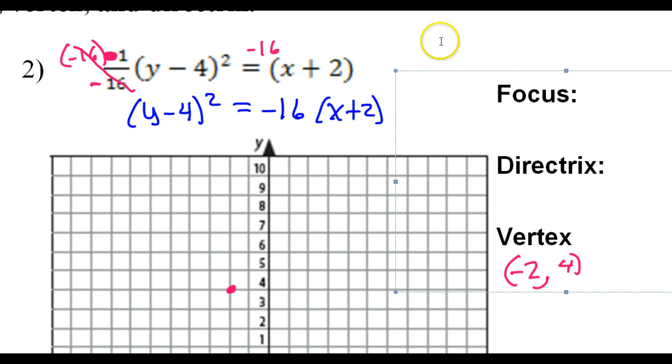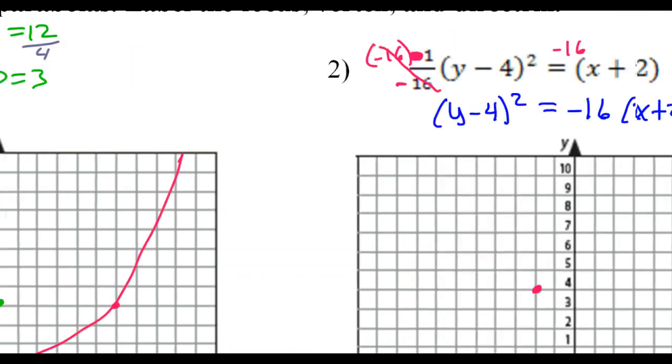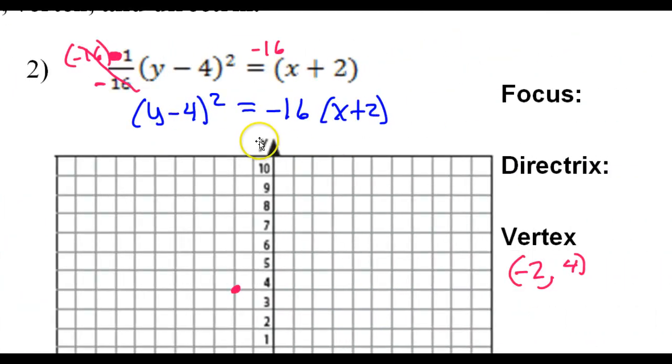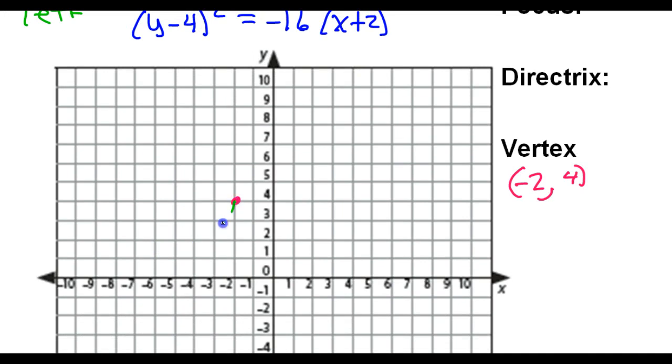Or I should say sideways parabola. So it's either going to be facing to the left or to the right. Because of the negative 16, that means it's facing to the left. So this will be facing to the left. So don't draw this yet, but look, we know that the parabola is like going like this.